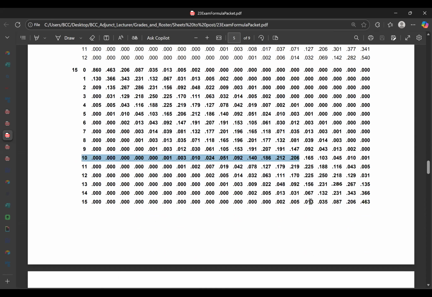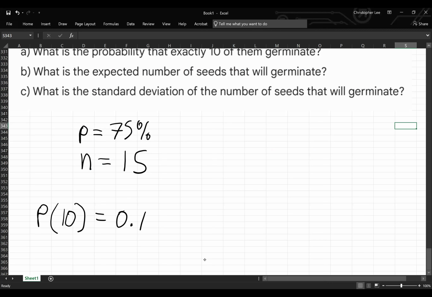So when you see questions like that, you have to break it down. So it's 0.165, right? 10, and then the 0.75. When they talk about probability, there's a percentage that you can go to these pages.